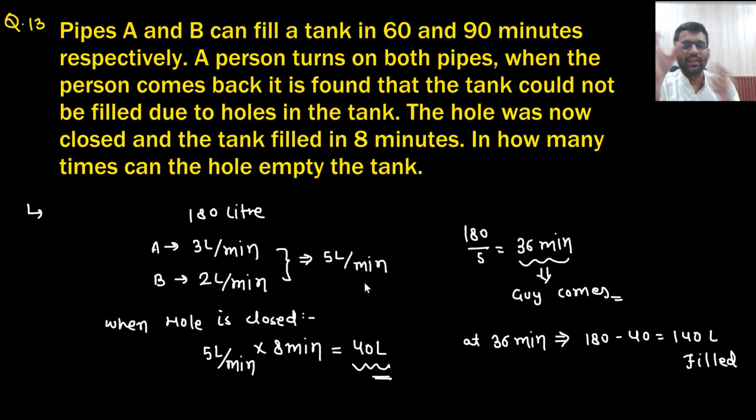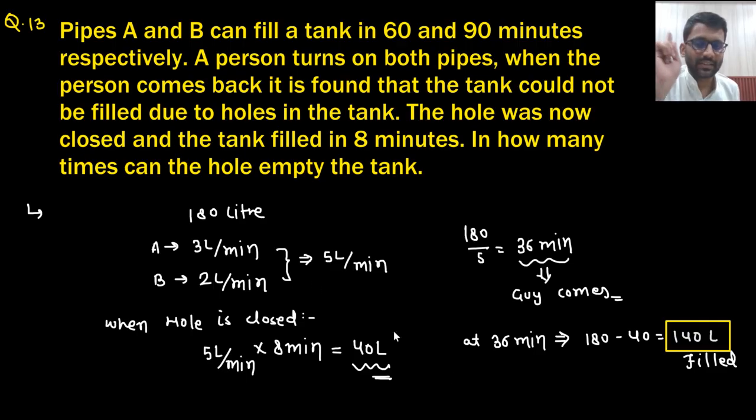Basically, the guy came, he saw that there is a hole, so he closed the hole. After that, it took 8 more minutes for the tank to be filled. That means you were delivering 5 liter per minute. What does that mean? That it filled 40 liters. So at 36 minutes when the guy came, the tank was filled with 140 liter. Do you agree to this point?